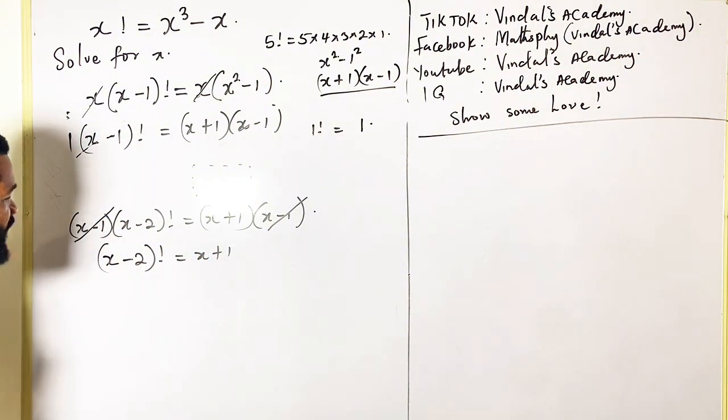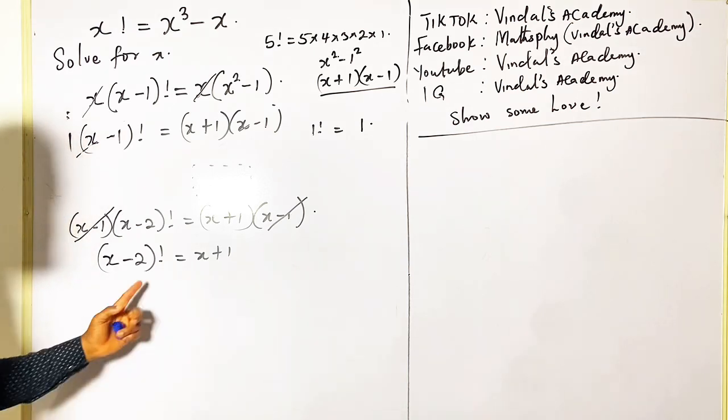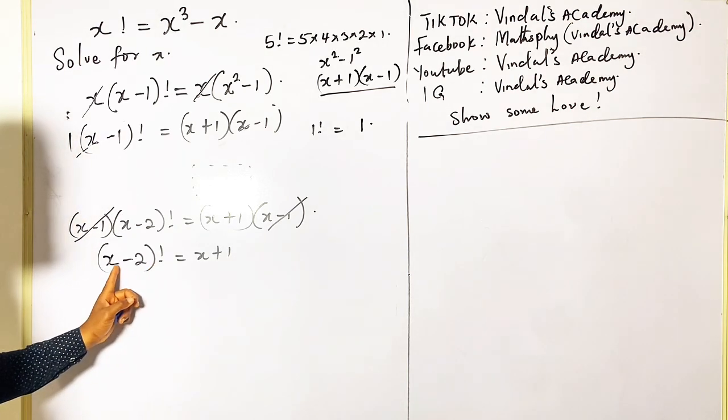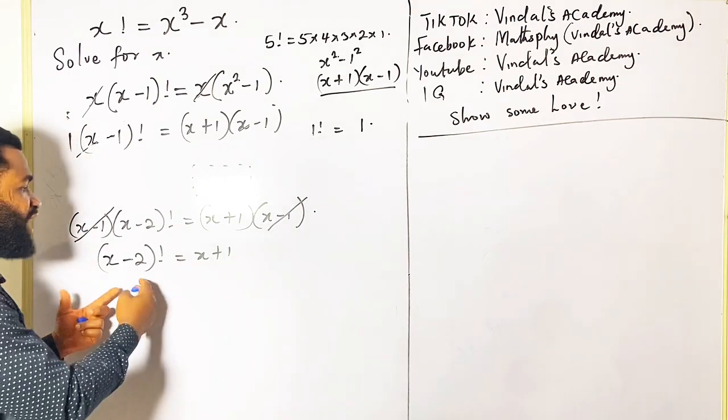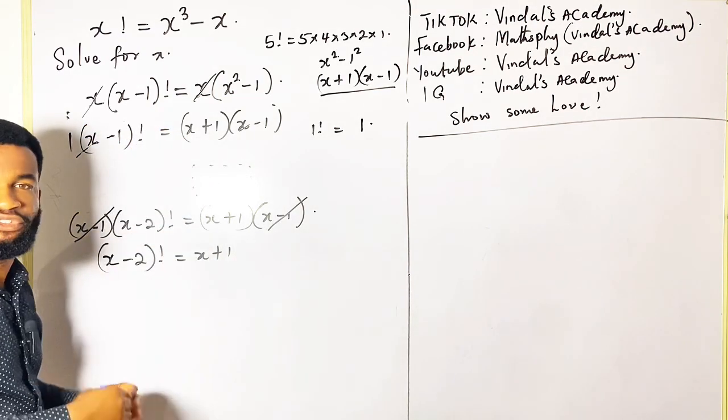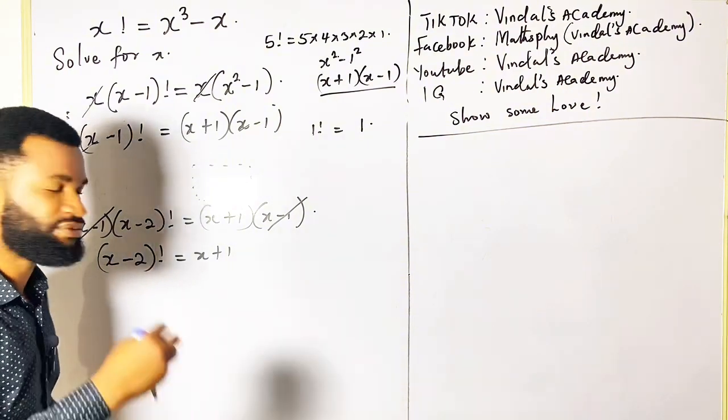Now, at this point, I can go lower. I can also have x minus 2 multiplied, but that shouldn't be necessary because my intention is to reduce this term, simplify it in order to find the value of x.